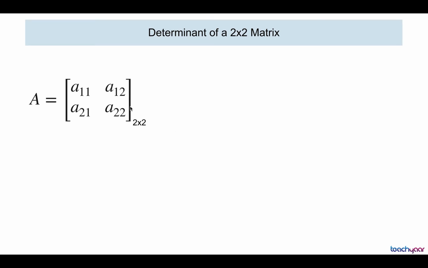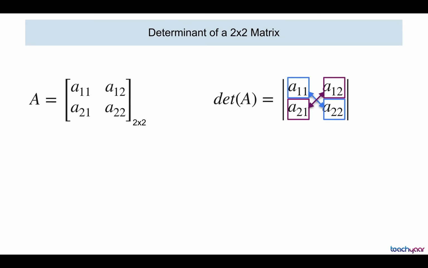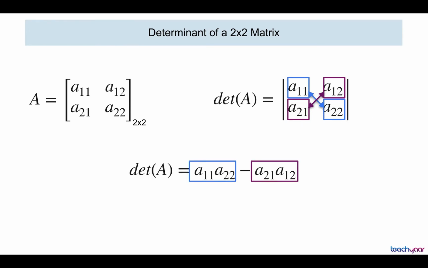Okay. Let's take it to a slightly higher level. So you have a 2 by 2 matrix, right? 2 rows, 2 columns. So the determinant of this matrix, and I've written it again with the notation, what you do is you take A11 and multiply it by A22. Then you say minus A21, A12. So the determinant of A is A11 times A22 minus A21 times A12.